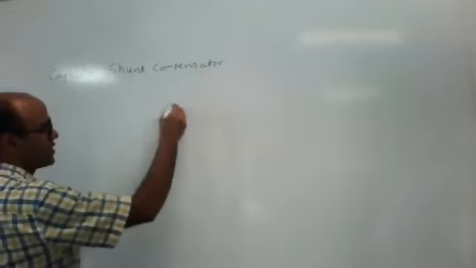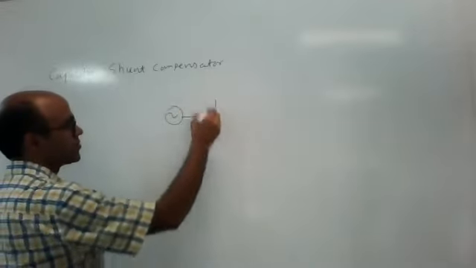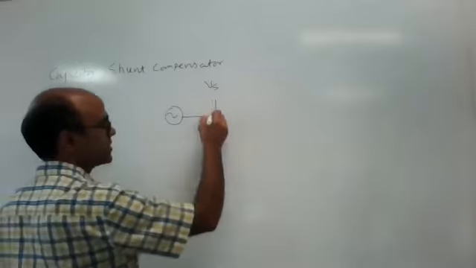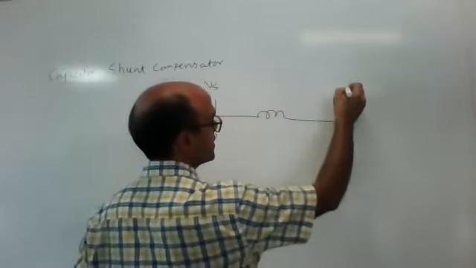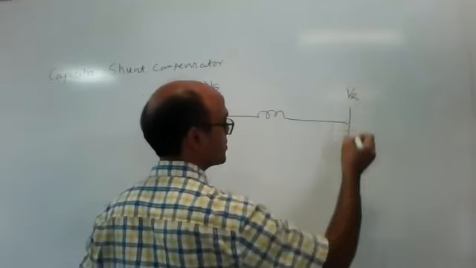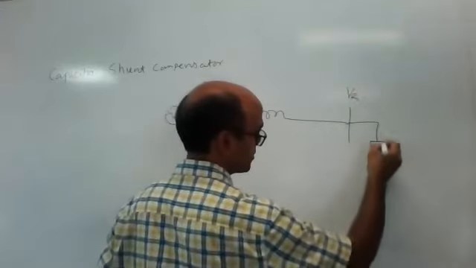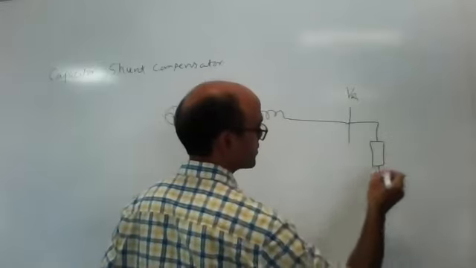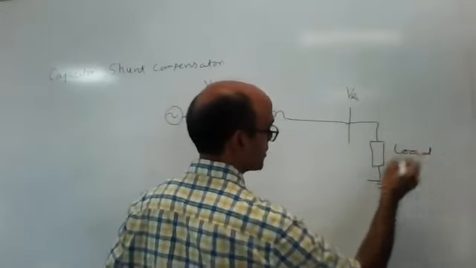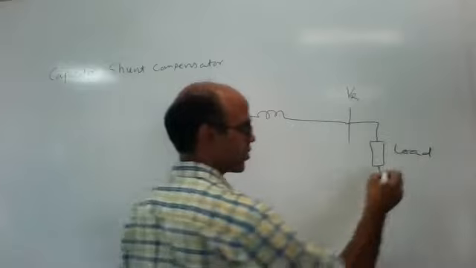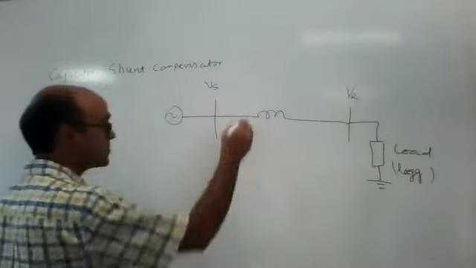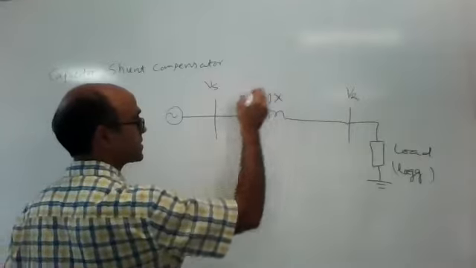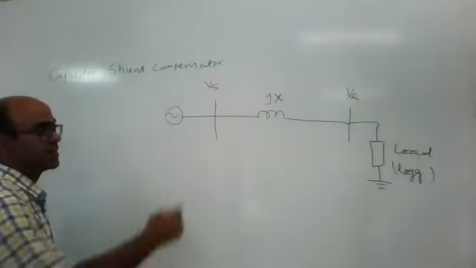There is a generator which has a generating voltage Vs, then there is a transmission line, then there is a receiving-end voltage, and there is a load. I am assuming this load is a lagging power factor load, and jX is the transmission reactance.